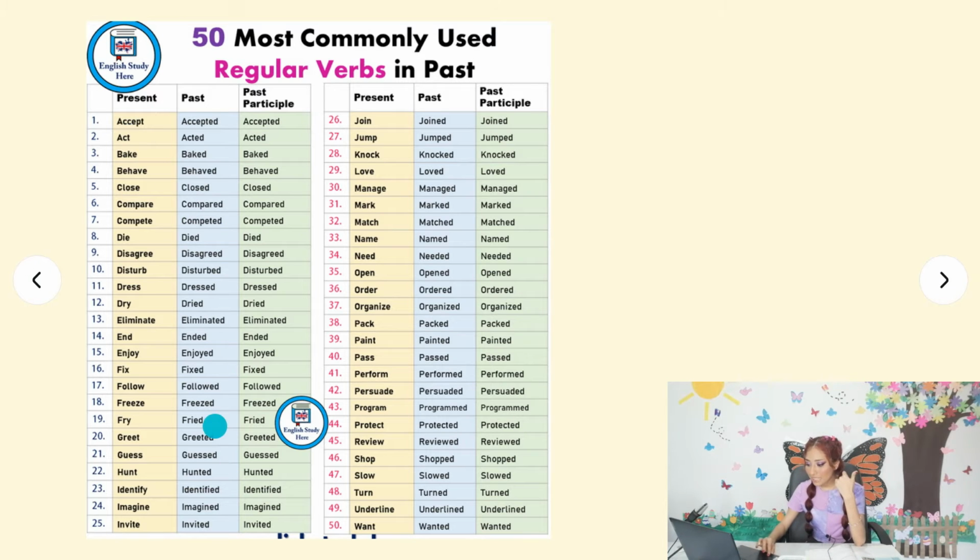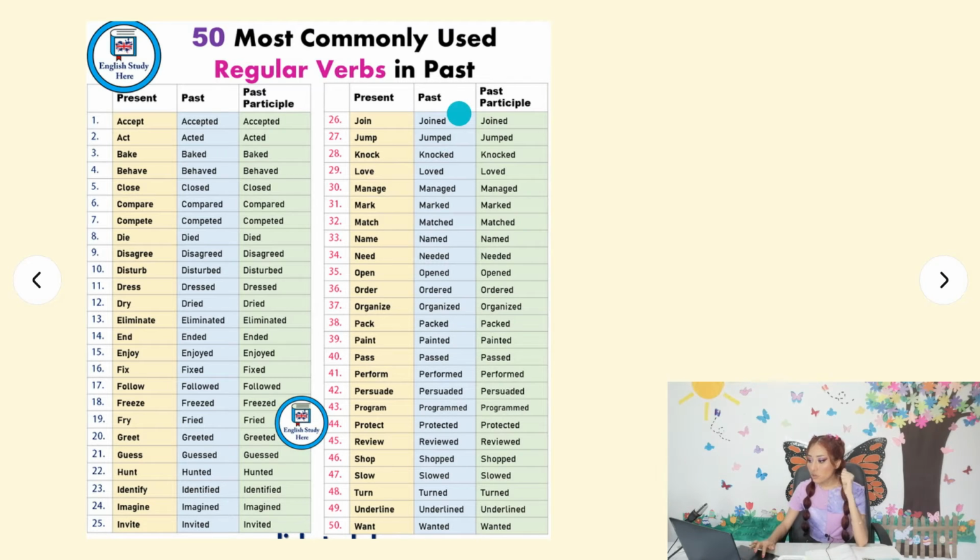For example, you can see all of these verbs end with ed, like accept, accepted, act, baked, behaved, closed, compared, competed, died, disagreed, disturbed, dressed, eliminated, ended, enjoyed, fixed, frisked, fried, greeted, guessed, identified, imagined, invited. Remember, not all of them you pronounce the ed, no en todas se pronuncia tan cual.